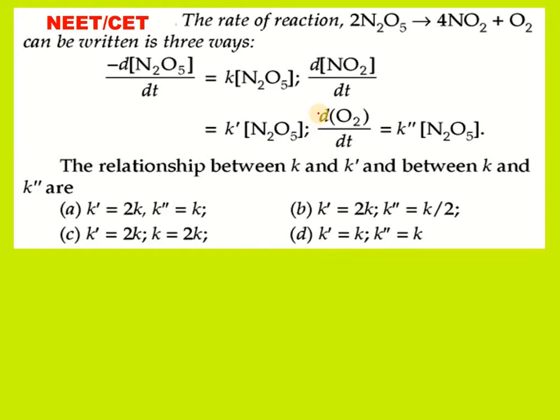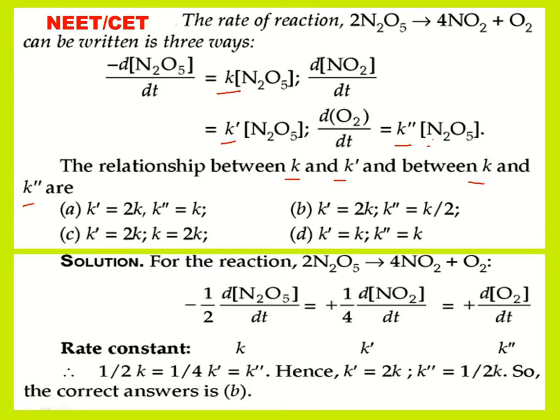In another way, d by dt of concentration of O2 is equal to K double dash into N2O5 concentration. Now, we have three different rate constants in the three expressions: K, K dash, K double dash. So they are asking us the relation between K and K dash and between K and K double dash.